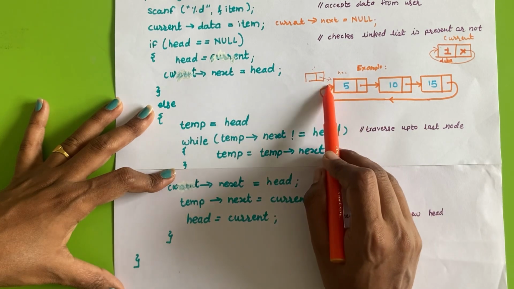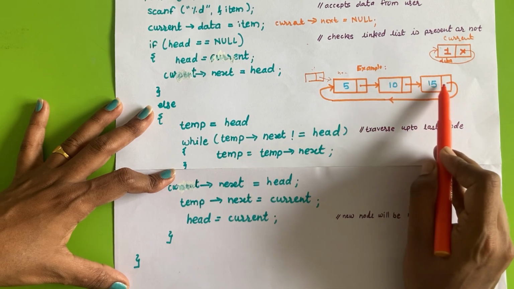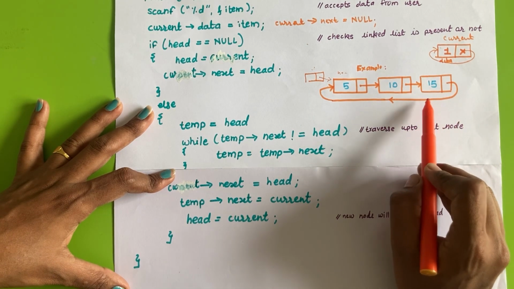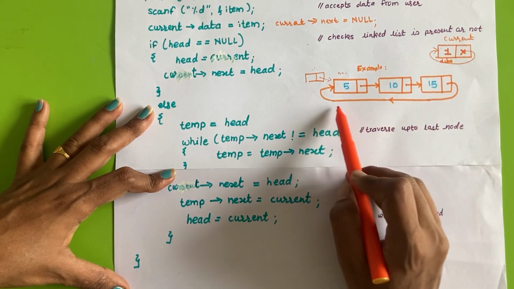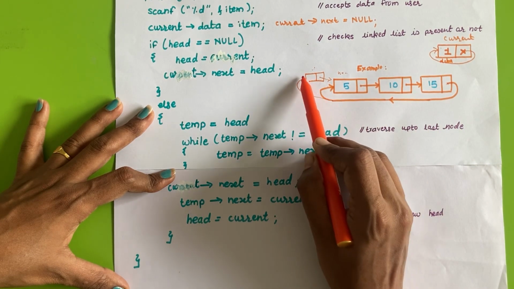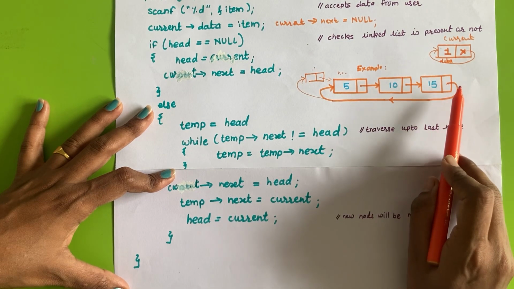As well as we have to update the pointer of the last node in the already existing linked list. So we have to point this last node's pointer to the newly added node like this. So we have to traverse first from the first node to the last node.